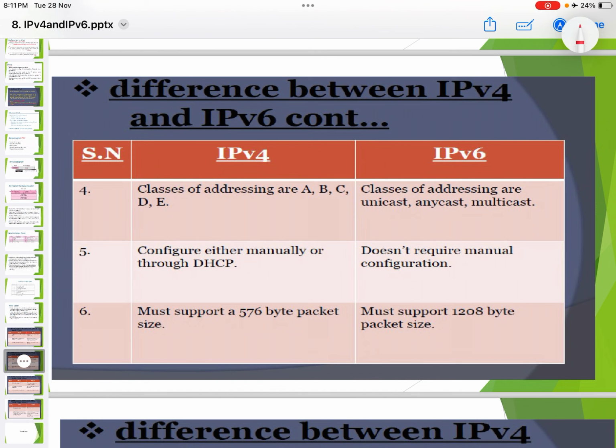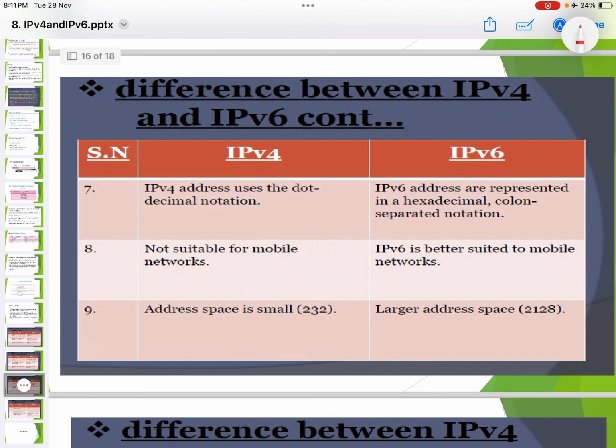Classes of addressing in IPv4 are A, B, C, D, E. In IPv6 they are unicast, anycast, multicast. IPv4 is configured either manually or through DHCP, that is Dynamic Host Configuration Protocol. IPv6 does not require manual configuration. IPv4 must support a 576-byte packet size. IPv6 must support a 1280-byte packet size.